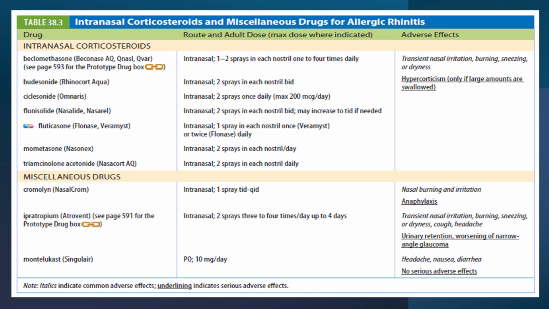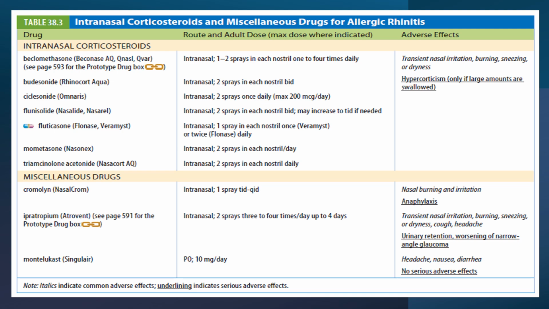Unlike the sympathomimetics, however, intranasal corticosteroids do not have immediate benefits. 1 to 3 weeks may be required to achieve peak response, especially when treating perennial rhinitis. Because of this delayed effect, intranasal corticosteroids are more effective when taken in advance of expected allergen exposure.